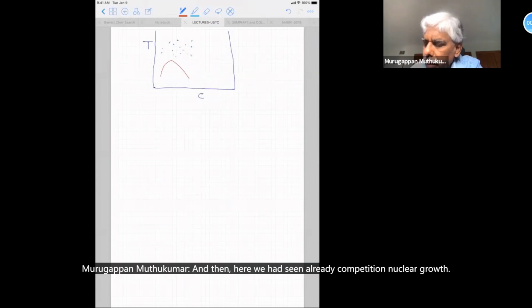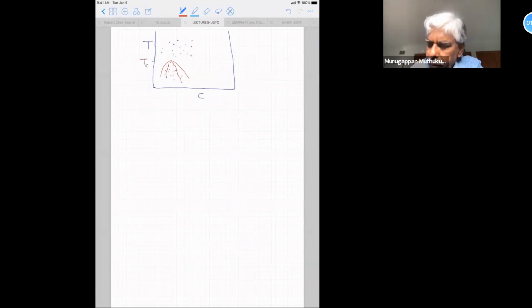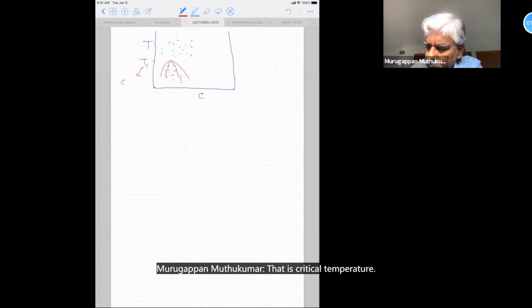And then here we had spinodal decomposition, nucleation and growth, etc. This is for a UCST system. So that's your Tc, meaning critical temperature.